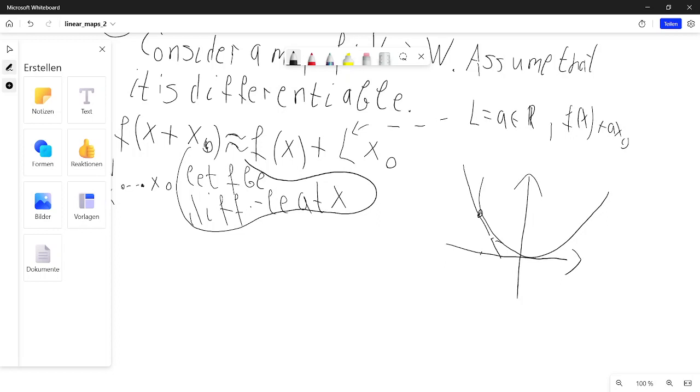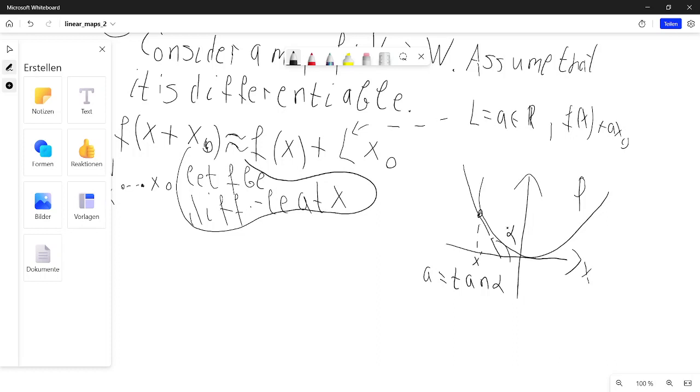So this is alpha, and the slope of this line is a, the tangent of alpha, and this is our function f, right? And okay, that's variable x, and also the point is called x, but you manage, right?